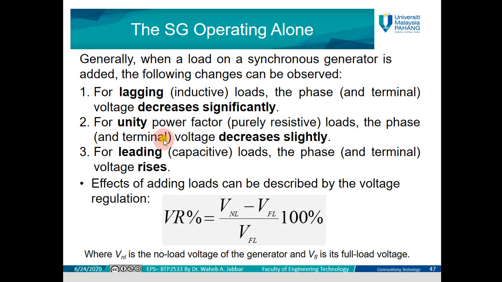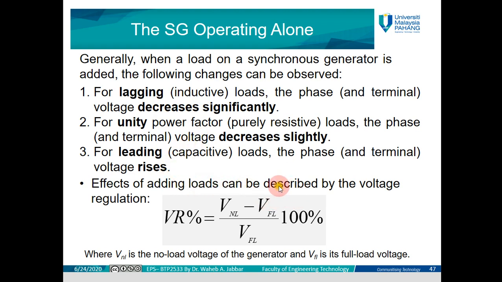In order to improve the power factor, we need to make the power factor equal to 1, and this can be done by connecting capacitive load to the system. The capacitive load will decrease the impact of the inductive load, which decreases the voltage in the network or in the system.